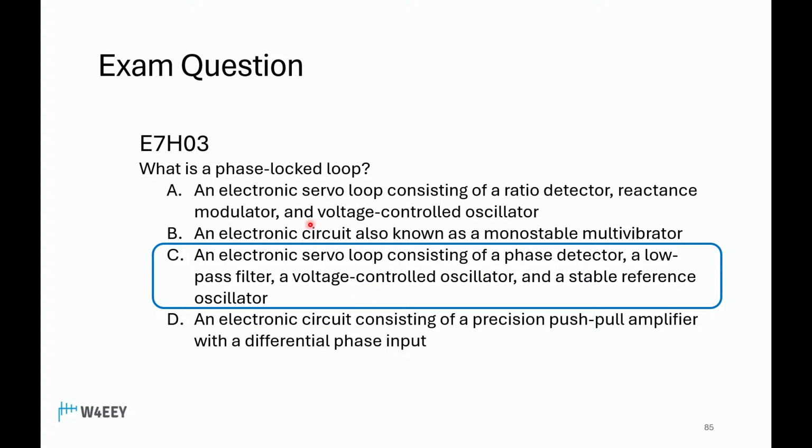Yeah, so there's two things that say servo loop, but the one that I told you to focus in on was the voltage controlled oscillator, because you've got a nice sine wave oscillator running in a phase lock loop versus the jagged thing that's coming out of DDS. And DDS is the more modern circuit, and pretty much all the radios made today are using the DDS technology versus the phase lock loop.